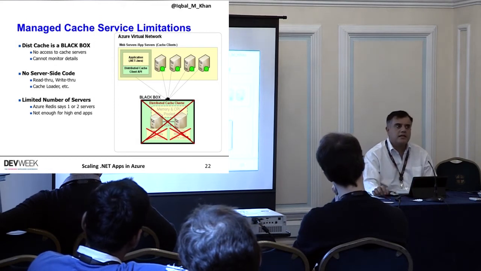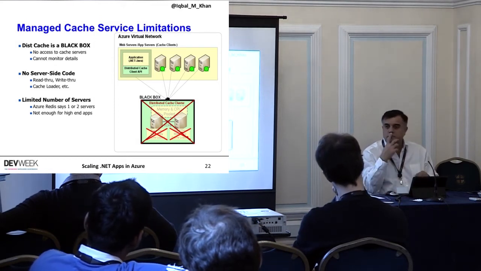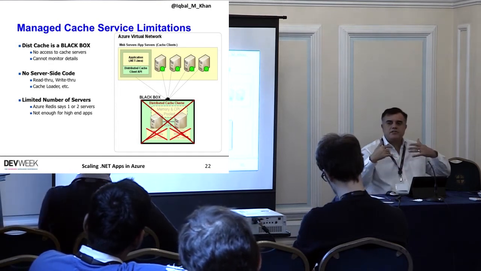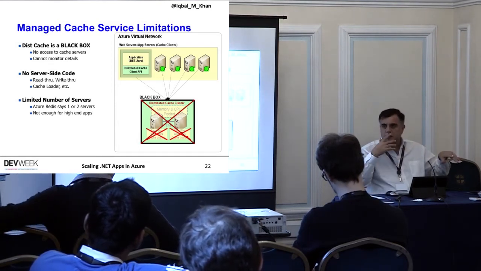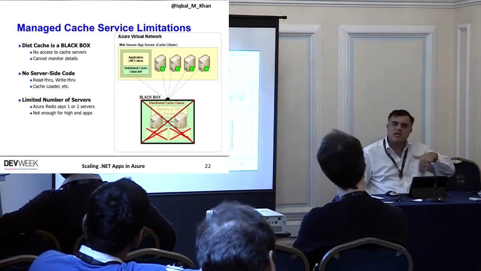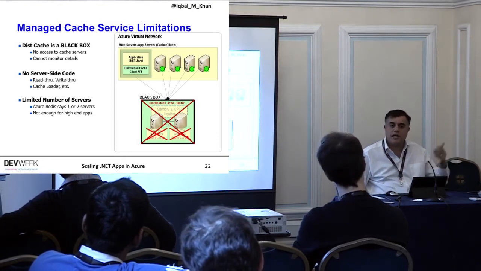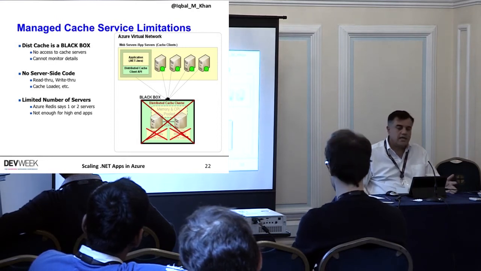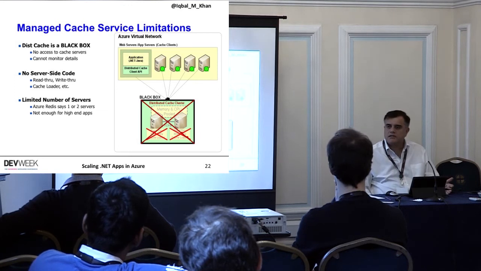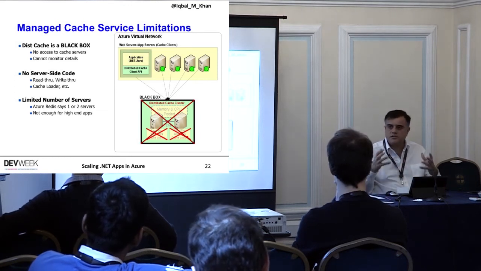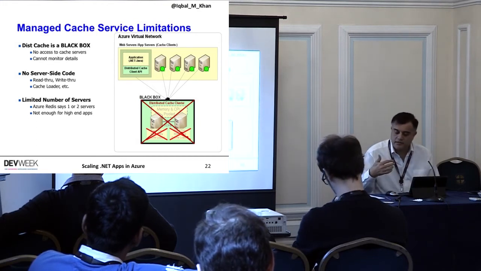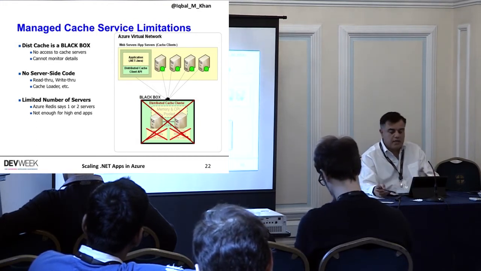As I said, it started because Memcached didn't have any server-side capabilities. So the only thing it had was the client API. So it became common practice to use Memcached. Amazon started ElastiCache, which is a Memcached-based cache as a managed cache service, and that caught on as a strategy, and that is what Microsoft has done too.